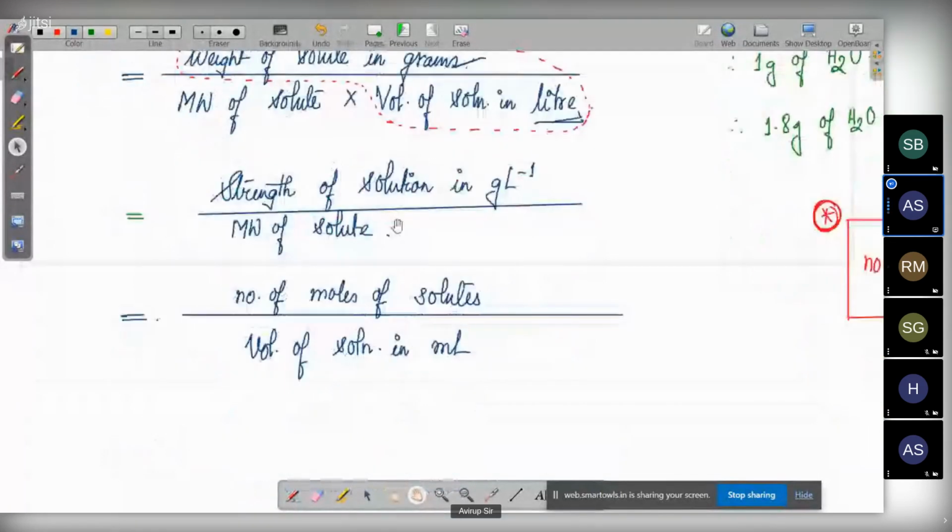So how do you convert milliliter into liter mathematically? We have done this conversion factor also in the first class itself.